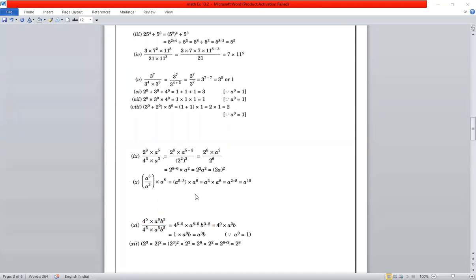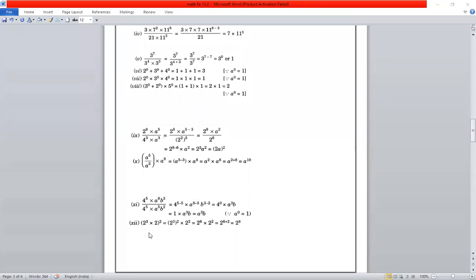Let us go to the next question here. 2 to the power 3 into 2, whole to the power 2. So what I am doing here, this power is there, no? I am giving it to both the bases. I am separating this power for both.